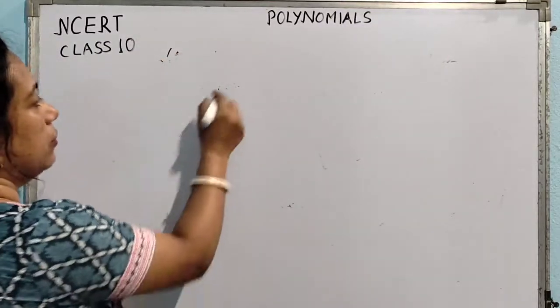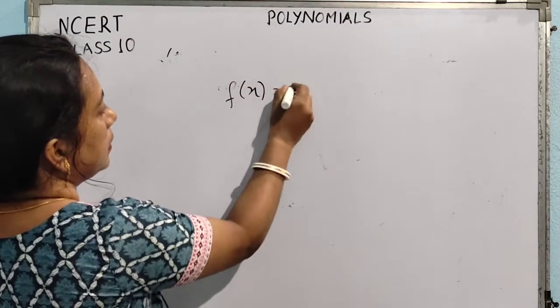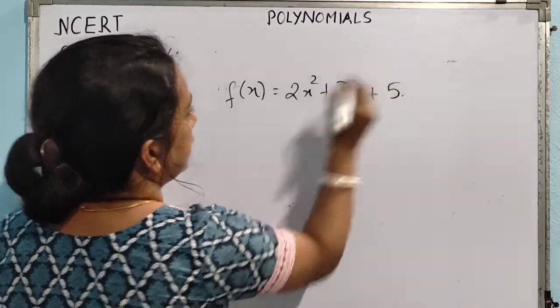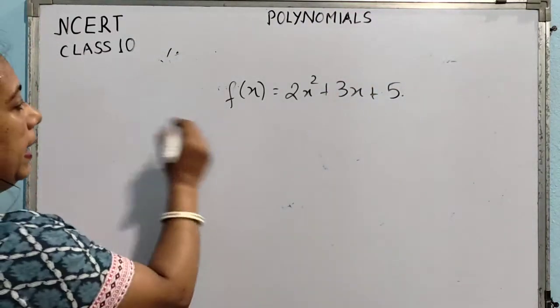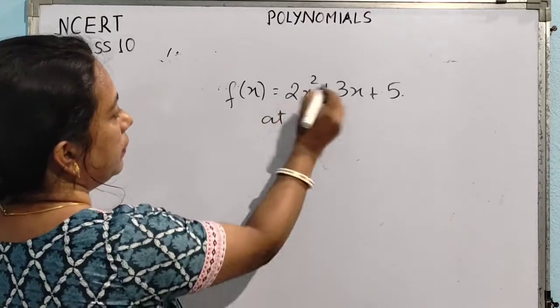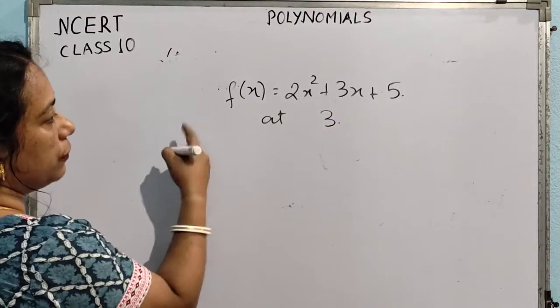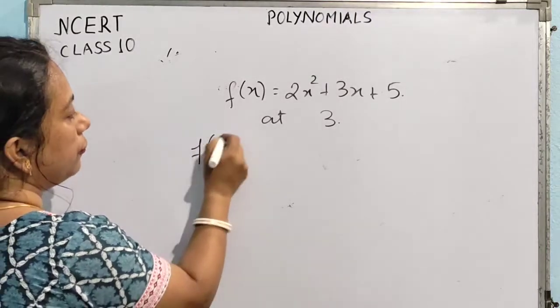Okay, suppose our f of x is 2x square plus 3x plus 5. So this is a quadratic polynomial and you are asked to find the value of that polynomial at 3. Then the value of f of x at 3 will be nothing but f of 3.